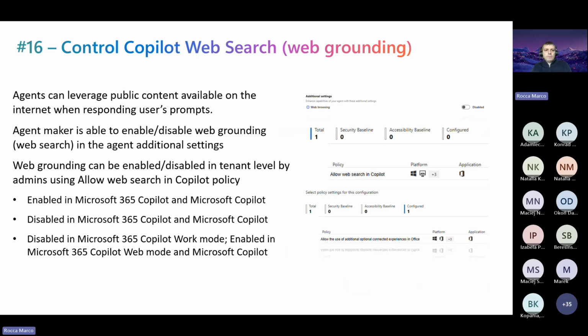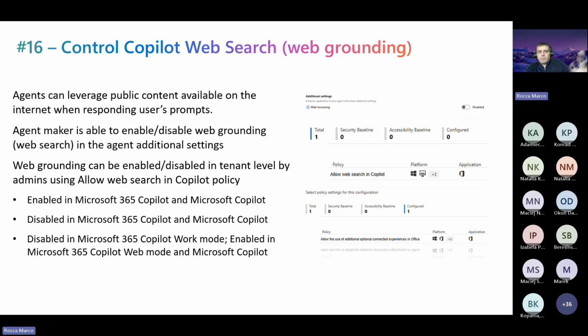It's always true. It's the first control that Microsoft released with Copilot: allow or block the web search. Today, with the M365 agent, it's also possible to select the type of external site allowed in your organization for web grounding.